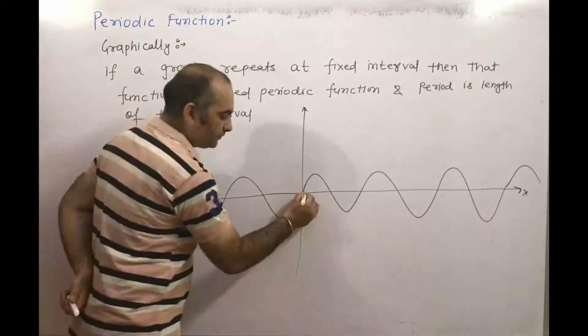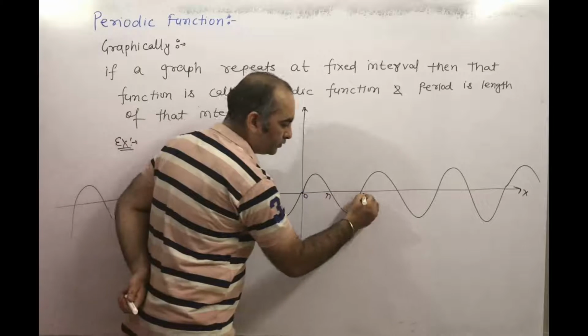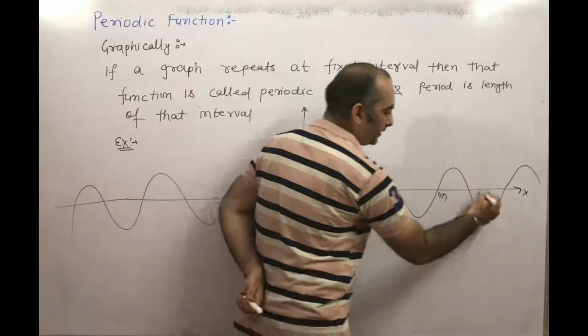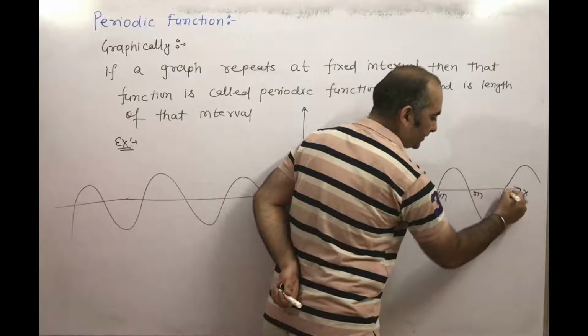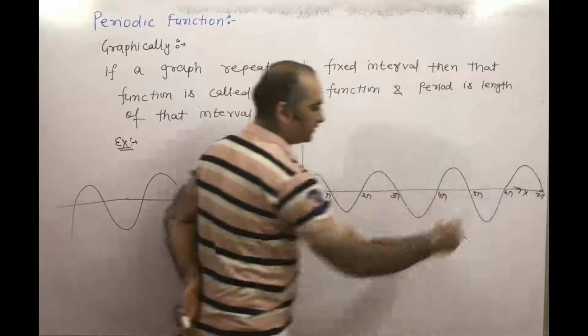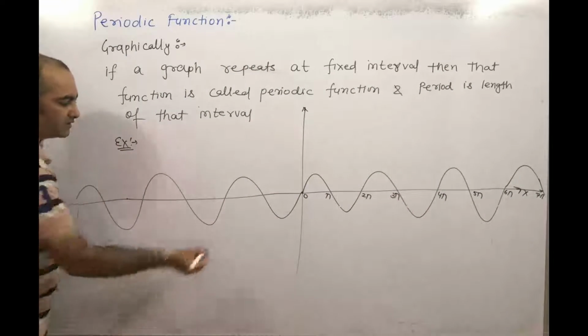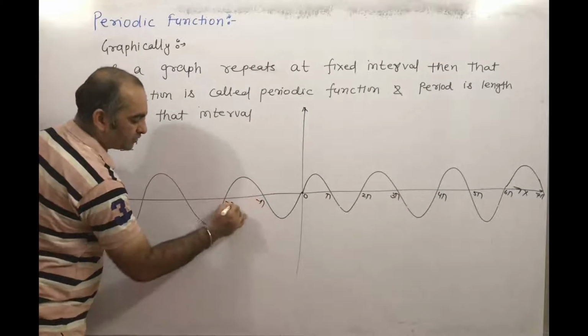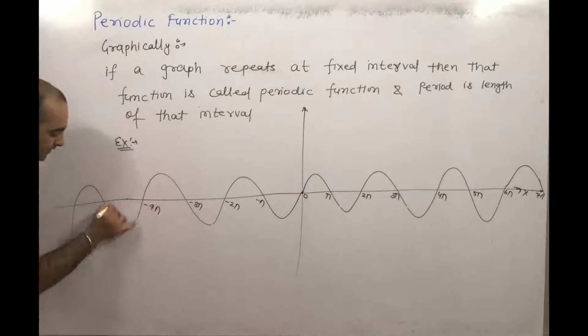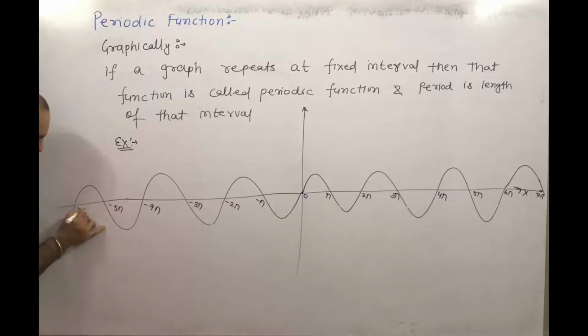This is 0, pi, 2 pi, 3 pi, 4 pi, 5 pi, 6 pi, and this side is 7 pi, and like that it will go. This is minus pi, minus 2 pi, minus 3 pi, minus 4 pi, minus 5 pi, minus 6 pi. And this side is also continuous.